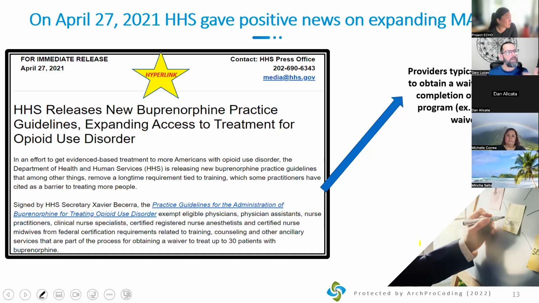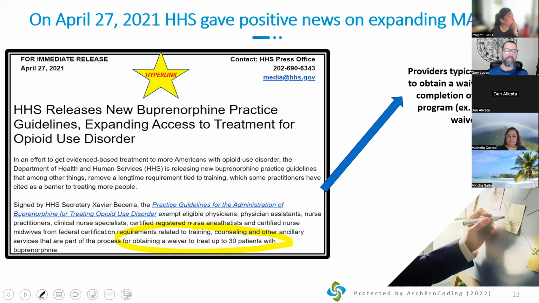And so to overcome that, CMS and HHS, I should say, identified the ability for you to get a waiver. Now, I know this sounds goofy, but for those of you providing buprenorphine, your providers had to obtain a waiver that was 8 hours' worth of training for physicians or 24 hours of training for PAs and NPs in order to be able to provide buprenorphine.